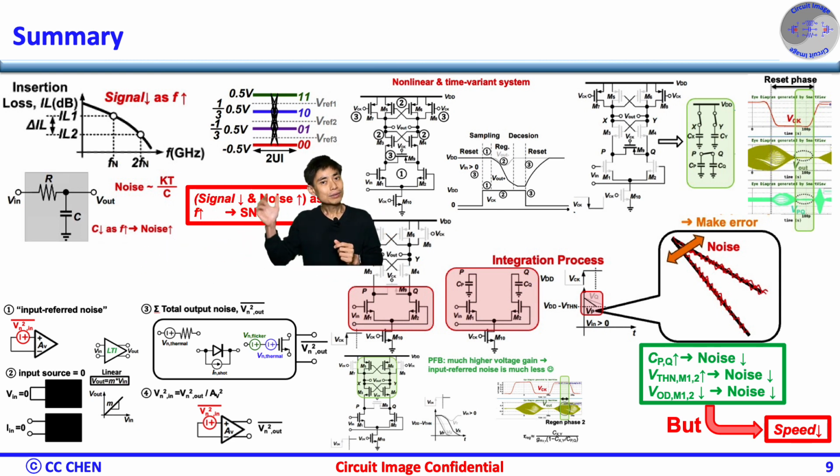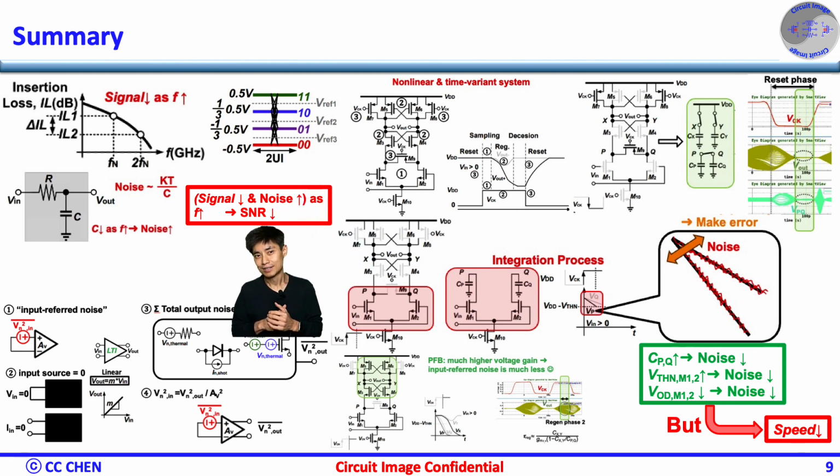Therefore, the sampler input sensitivity would degrade due to less SNR from a smaller signal power and a higher intrinsic noise. Therefore, we did not need to watch out for the sampler while the data rate was only 5 gigabit per second. But we need to be very careful when we start working at 32 gigabit per second and beyond, like 112 gigabit per second PAM4 serial links.